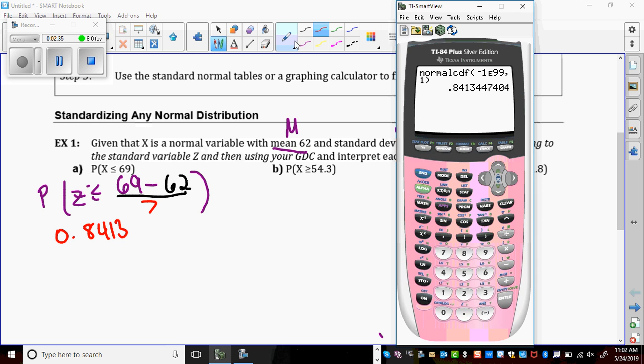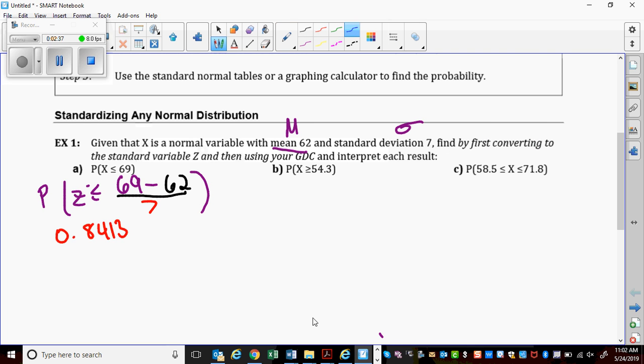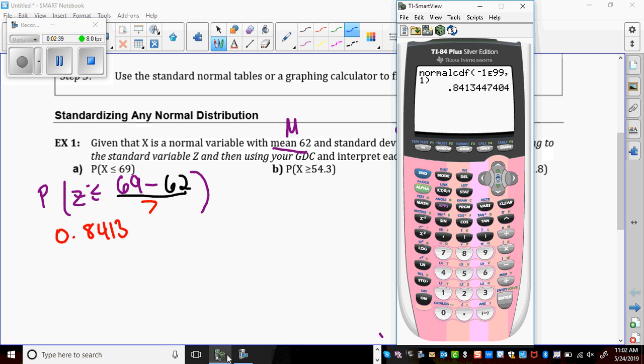Okay? Now, your calculator will do all this for you. You can skip this part where you're trying to find the z-score. So my calculator is not as updated as yours, but I'm going to show you what to do. You guys are going to go to second vars, number 2, normal CDF, and you're going to put in the calculator. You're going to have a different screen, and it's going to ask you the first one, my lower bound, is going to be -1.